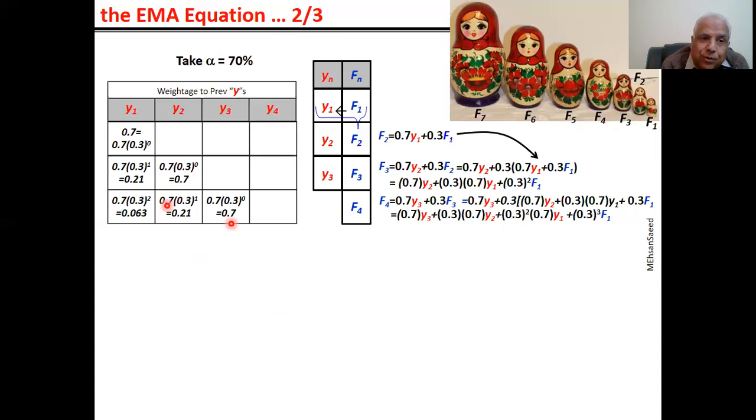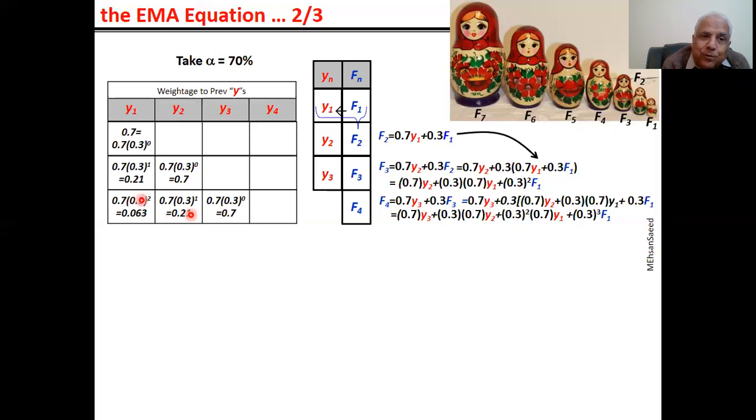First of all, as you go in the past, the weightage given is reducing. 70% for Y3, for Y2 the weightage is 21%, and for Y1, the weightage has reduced to 6.3%. But where is exponential? You see here, 0.3 raised to the power 0, 0.3 raised to the power 1, 0.3 raised to the power 2.